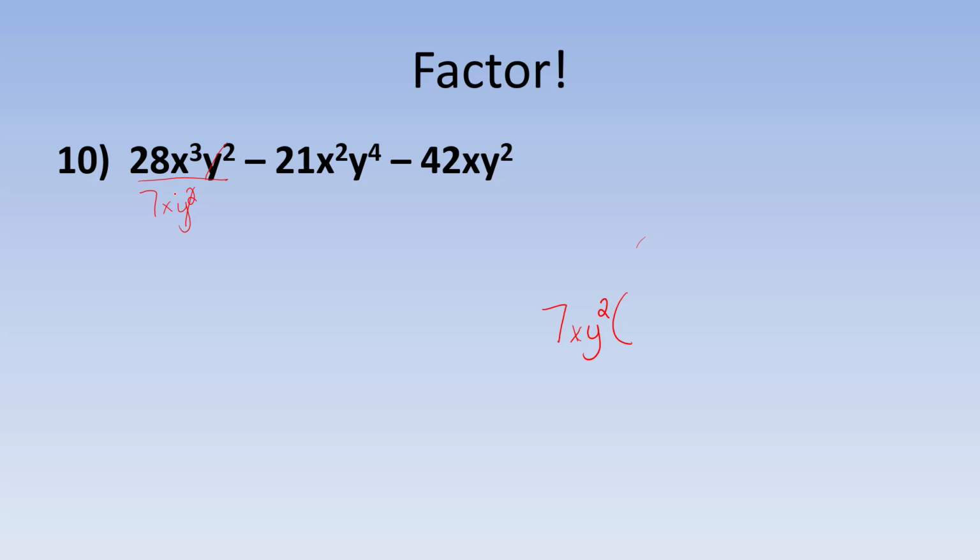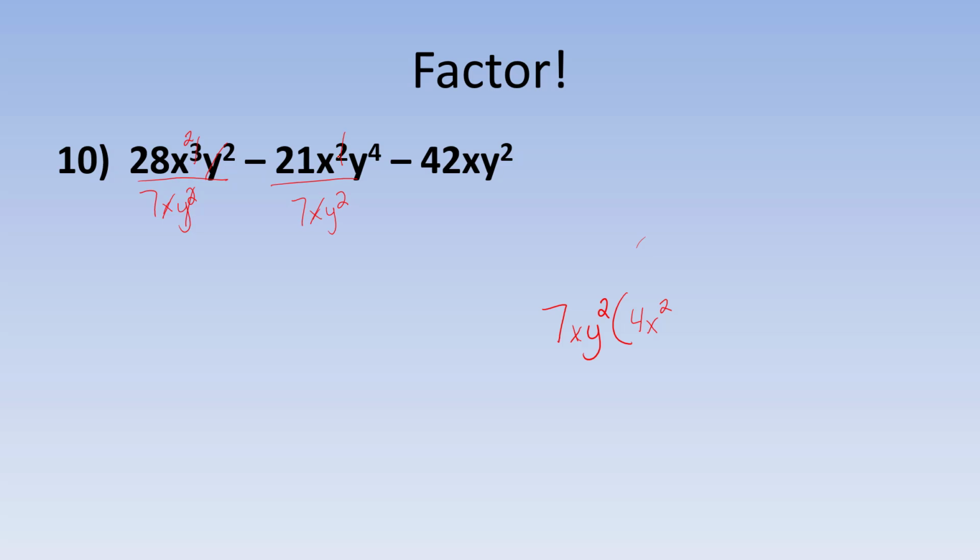Y squareds will cancel. X will cancel one of my x's. 7 goes into 28 4 times. So we're left with 4x squared. All right, next term, 7xy squared.